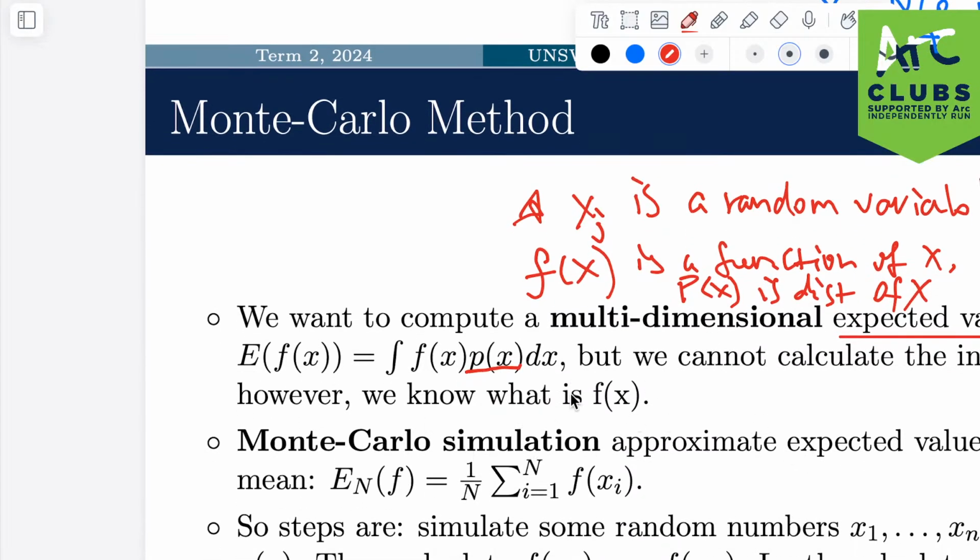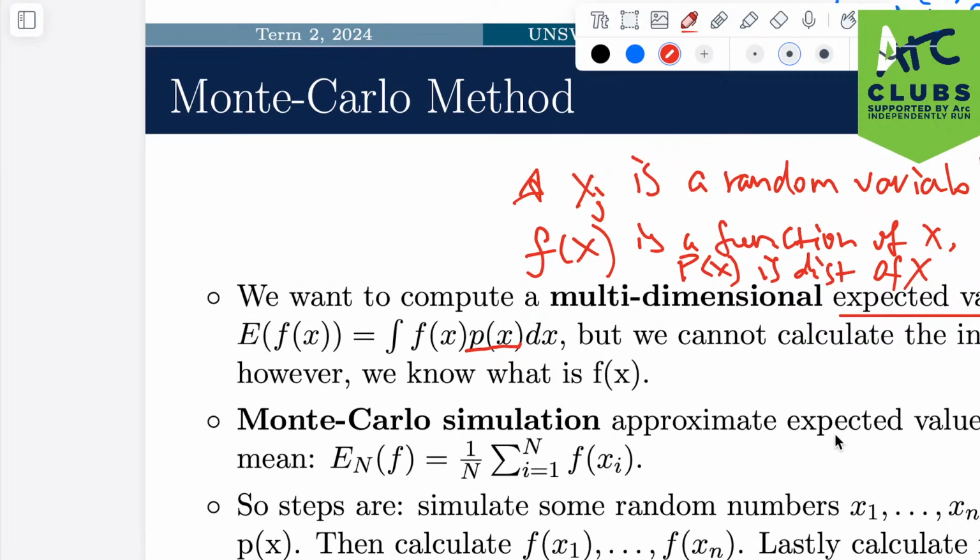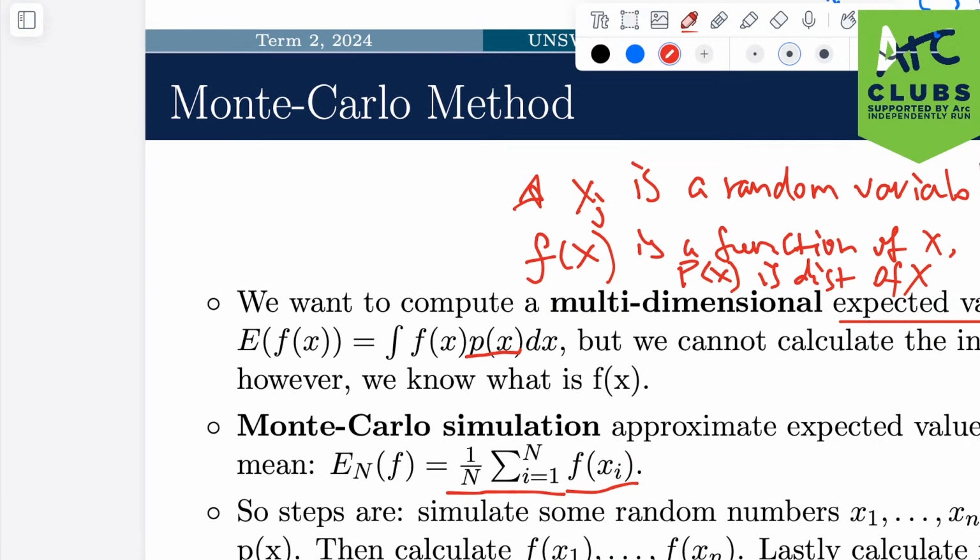We know what fx is, but we can't really just calculate the integral, right? So one way is we can simulate a few values of fxi, because we know f, and we just take the sum and divide by n, so we get the mean, right? So it's kind of the empirical mean of a distribution.